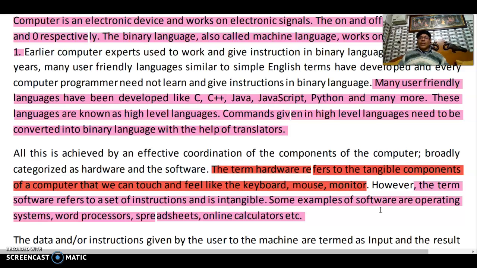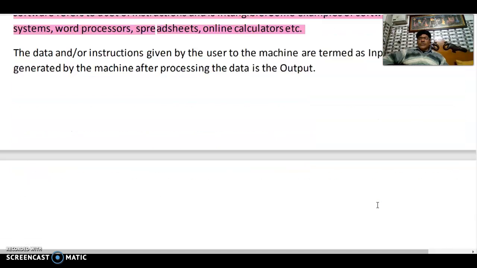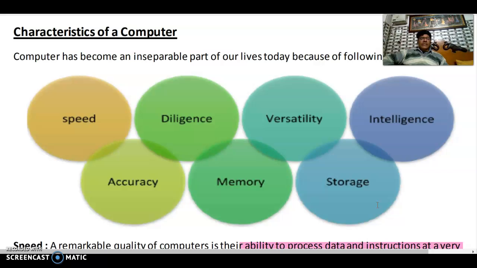Okay, now after software and hardware, the characteristics of a computer. Here you can see in the picture, these are the characteristics. If we purchase a machine which costs at least 50,000 or 60,000 rupees, we'll be getting some benefit, that's why we take it. Otherwise 2 plus 5 we can also do. These are the benefits we get when we purchase a machine.